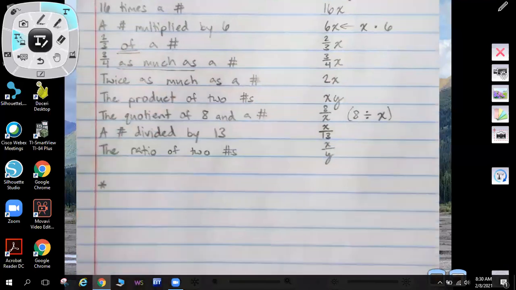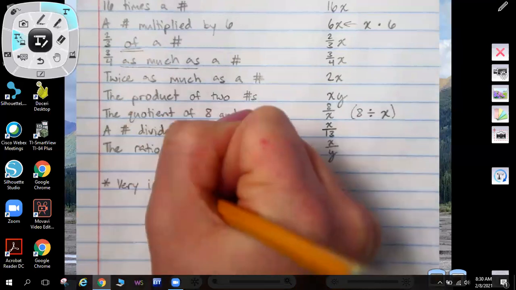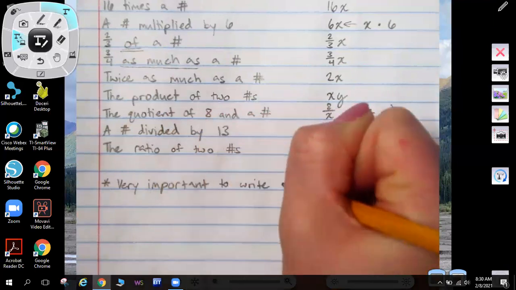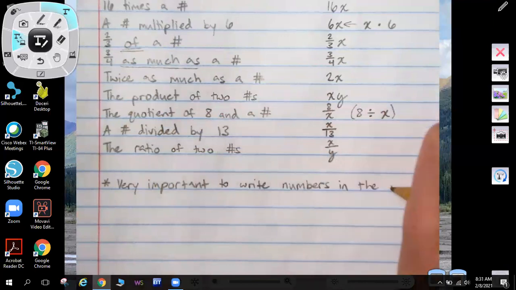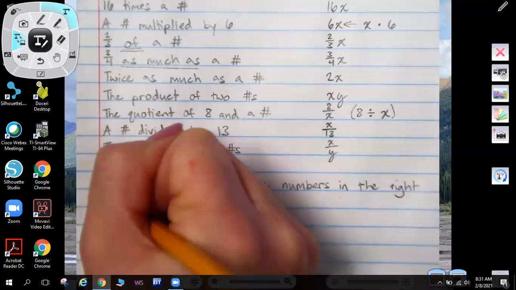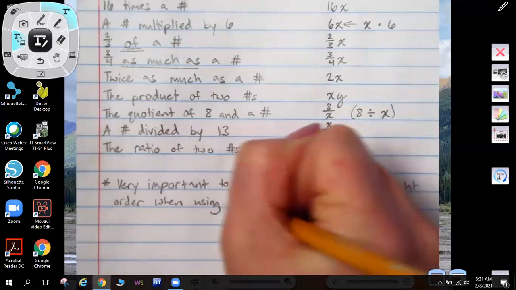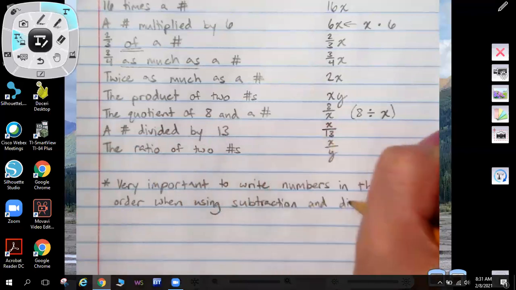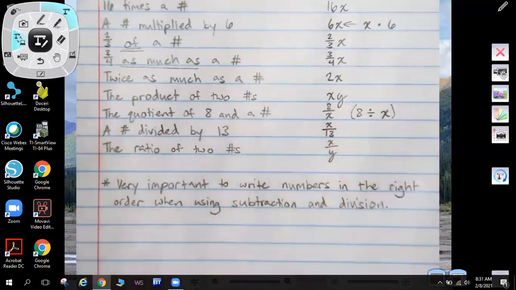Okay, let's write a little note here. We want to make sure that we know it is very important to write numbers in the right order when using subtraction and division.